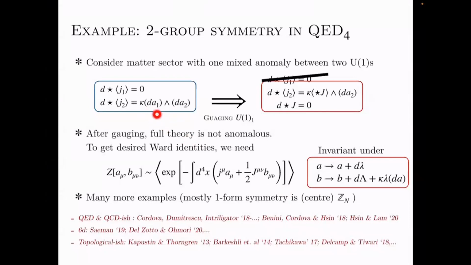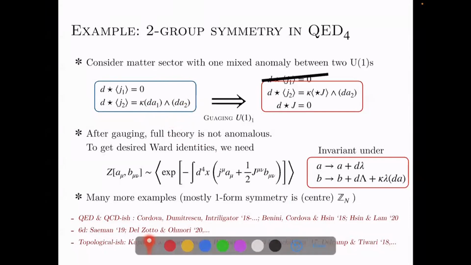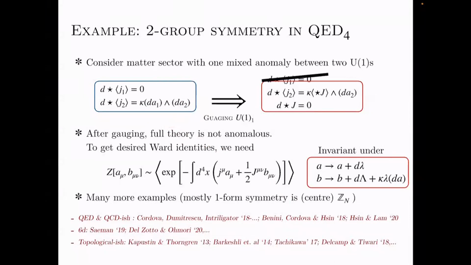Mixed anomaly means that the right hand side of one of them is a function of the field strength of the two U(1)s, and you can add a counterterm and move them around. So this looks anomalous. If you have this mixed anomaly, then you can gauge one of the U(1)s away.